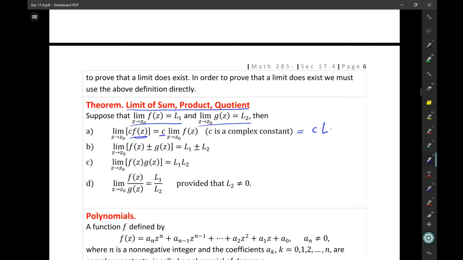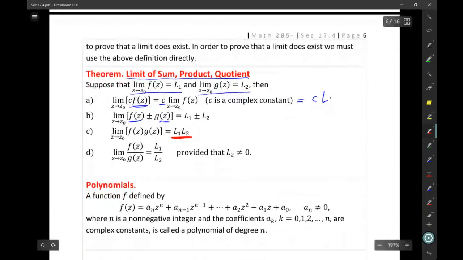The limit of f of z plus or minus g of z when z approaches z naught is equal to L1 plus or minus L2. I mean, the limit is distributed over addition and subtraction. The limit of f of z times g of z when z approaches z naught is also equal to L1 times L2, which means it is equal to the limit of f of z times the limit of g of z as z approaches z naught.